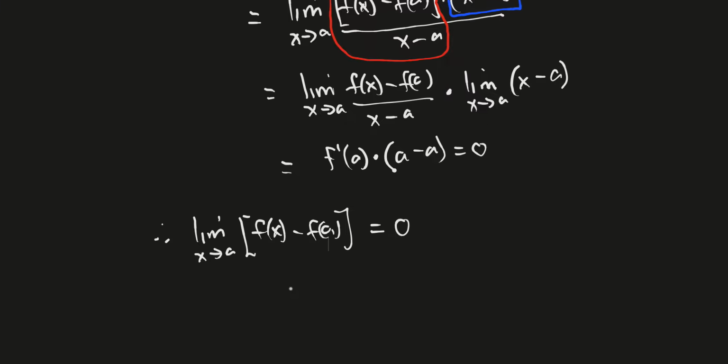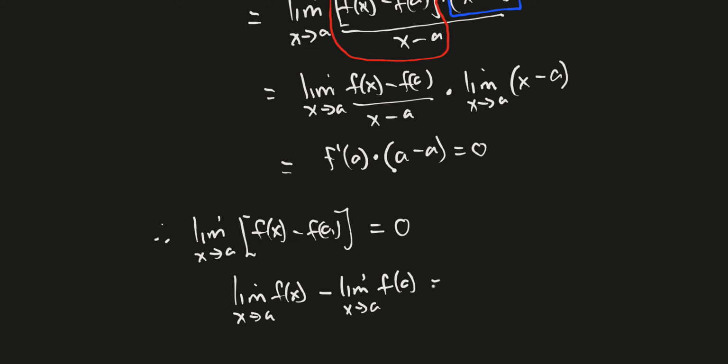We know that if we have the limit of a difference, I can take the limit of the first part minus the limit of the second part. So this is the limit as x approaches a of f of x minus the limit as x approaches a of f of a. But f of a is a constant, right? Whenever you take the limit of a constant, notice that this doesn't have x in there at all, right?